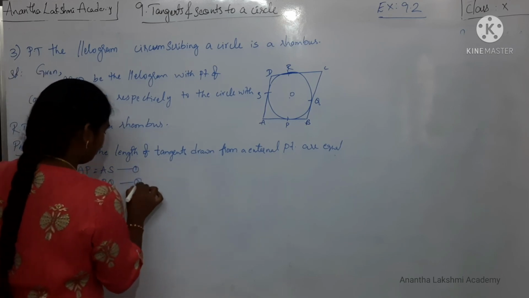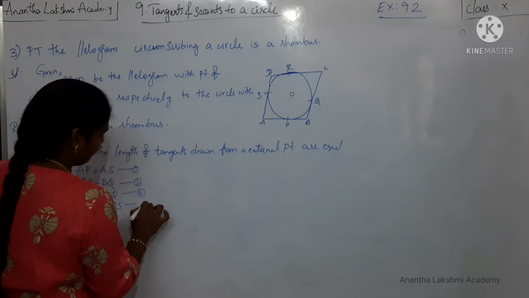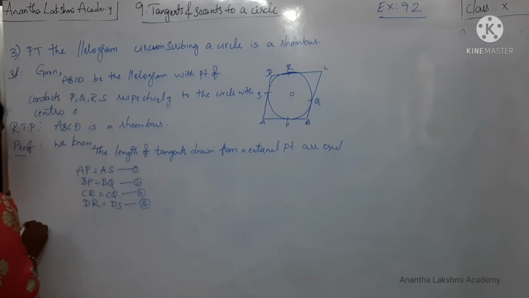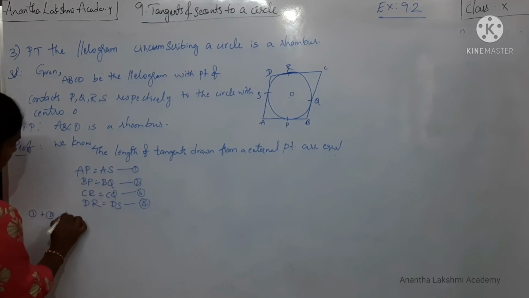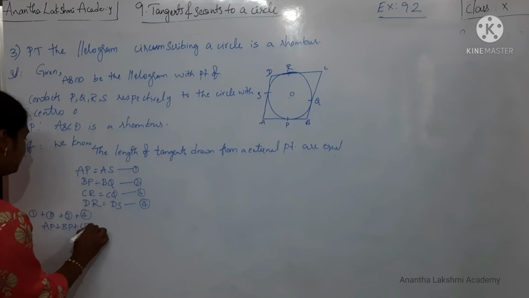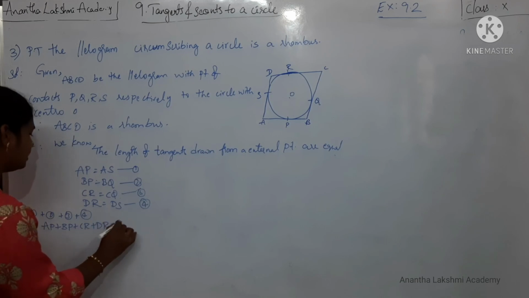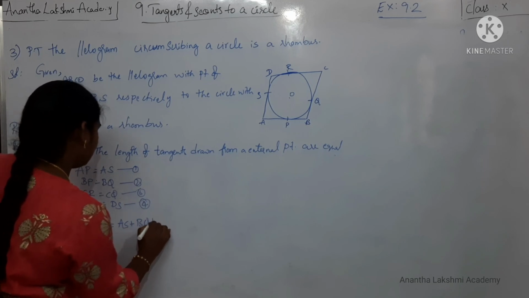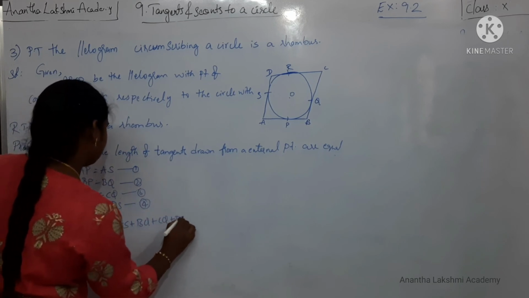1, 2, 3, 4. How did we do statement 4? The same thing which we are going to do. That is nothing but on addition of 1 plus 2 plus 3 plus 4, we get AP plus BP plus CR plus DR is equal to AS plus BQ plus CQ plus DS.